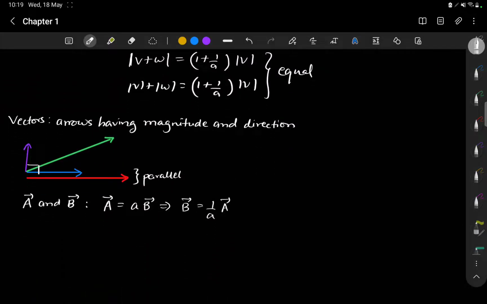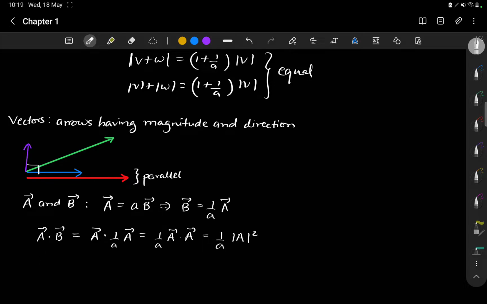The Schwarz inequality wants us to find the inner product, the dot product A dot B. This is the inner product. So what is it? A dot 1 by A times A is 1 by A times A dot A, which is 1 by A times mod of A squared.